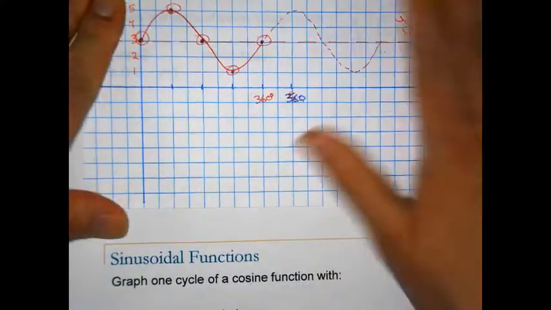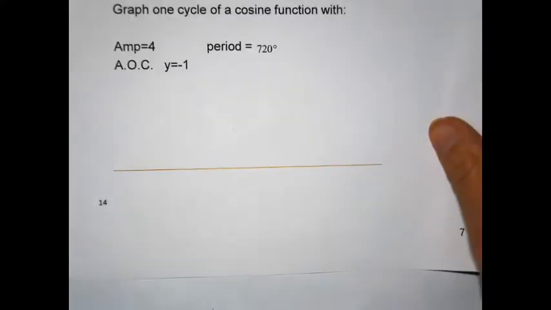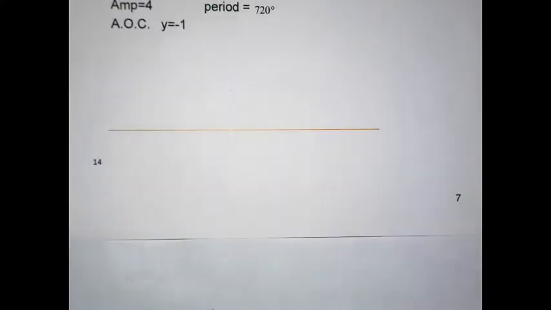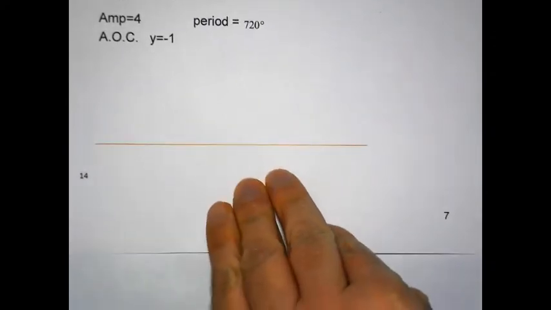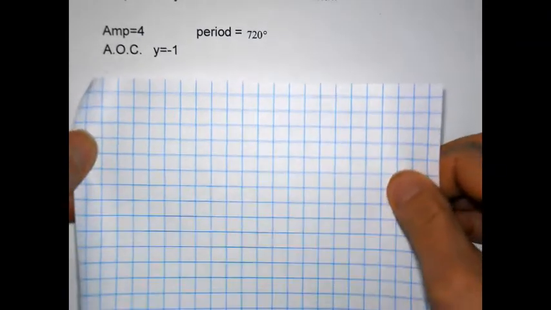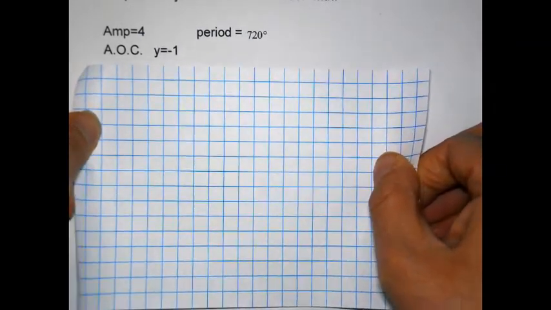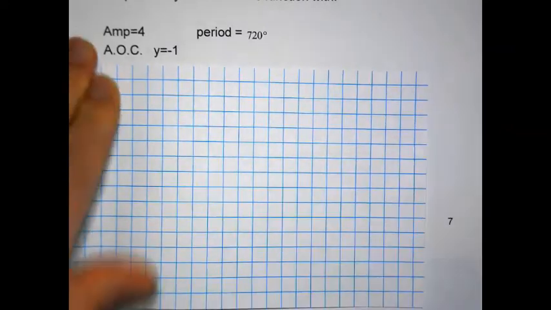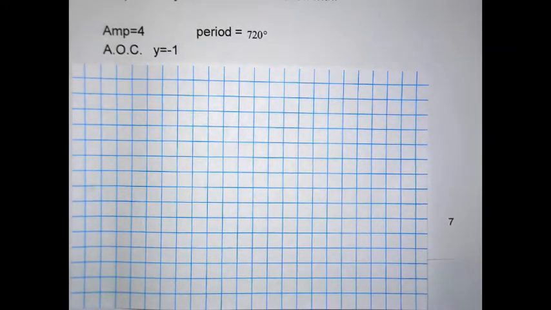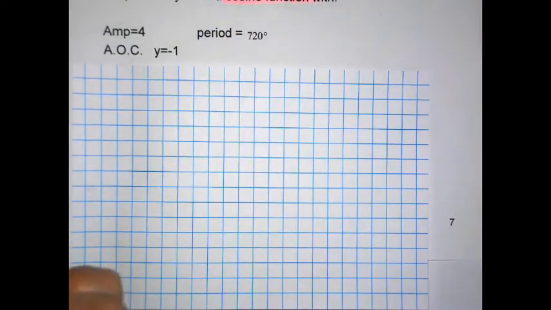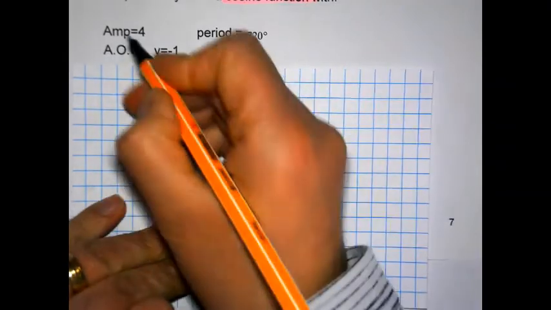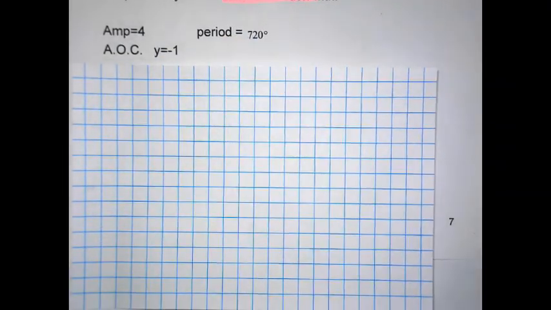Now, one more example here. This time we are interested in a cosine function. Amplitude is 4, axis of curve is -1.